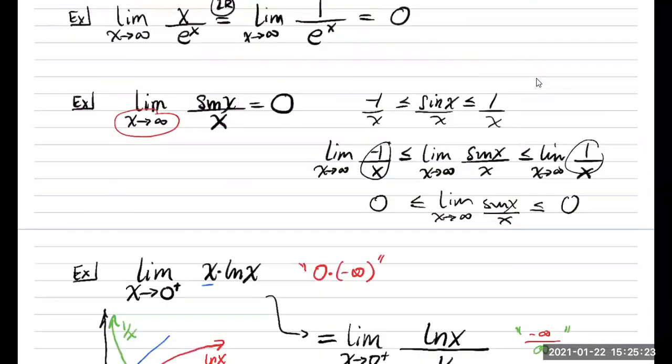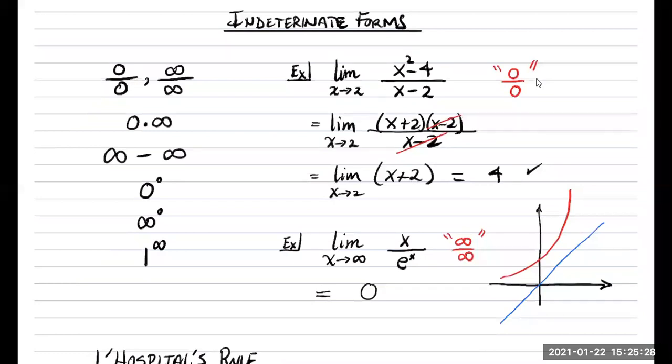Okay, so let's go back up to our list and let's make a note. If you get an indeterminate form of one of these two types, the idea is to use algebra or trigonometry, whatever, to manipulate the expression in such a way that you get either 0 over 0 or infinity over infinity.